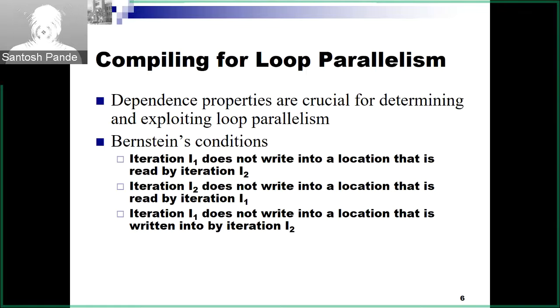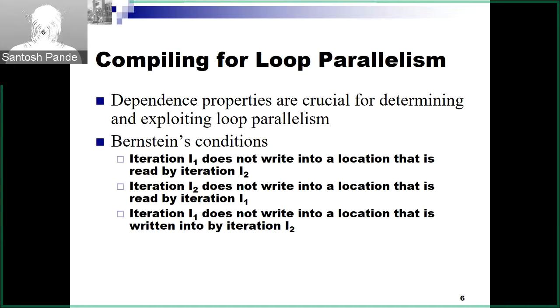And if that is not the case, if one of them overlaps with the other, then there is a problem in terms of a read-write pair, and the order doesn't matter because it could be an anti-dependence or it could be a flow dependence.